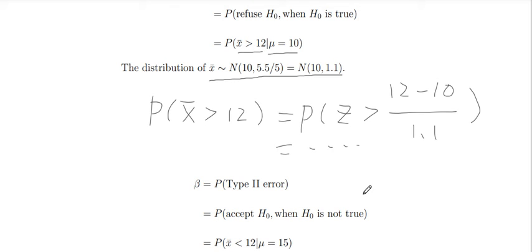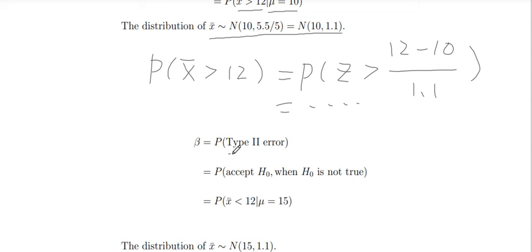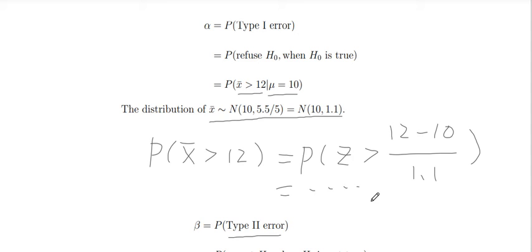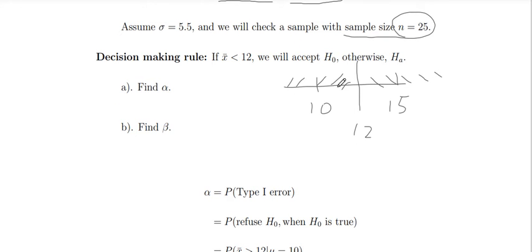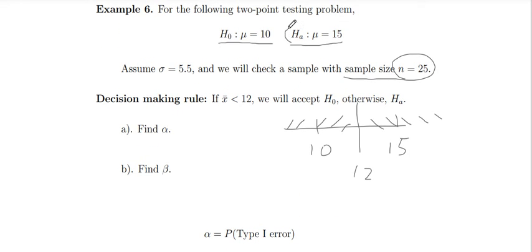So now let's check beta. Beta is the type 2 error. Type 2 error is when we accept H0 when H0 is not true. So we accept H0 when x bar is less than 12. When H0 is not true, we have to pick this.